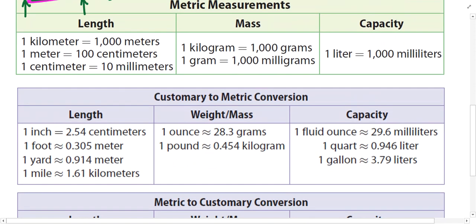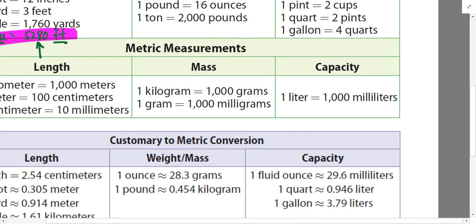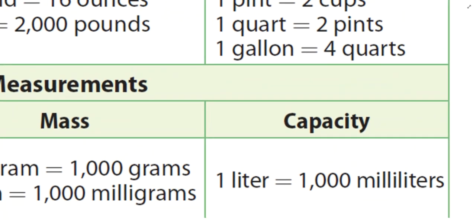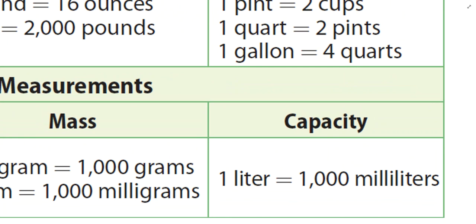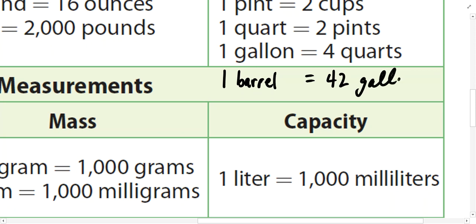So, let me give you a bit of a hint. Again, I don't know what the barrels to quarts conversion is, but I will tell you this: a barrel is a formal measurement of capacity, of volume. 1 barrel is equivalent to 42 gallons.